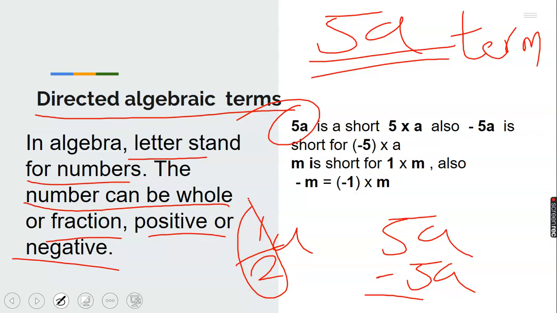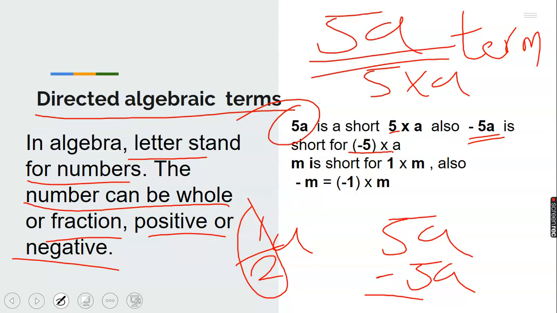Now, 5a is short for 5 times a. Also, minus 5a is short for minus 5 times a. We have not seen a negative letter. You can only have negative numbers. But a letter can also stand for negative numbers.